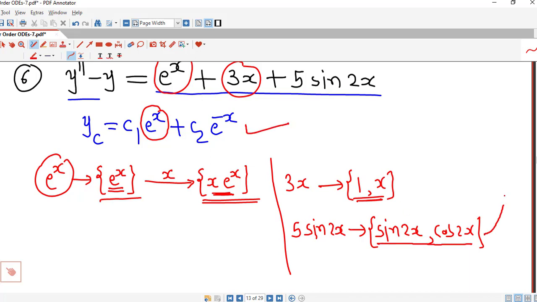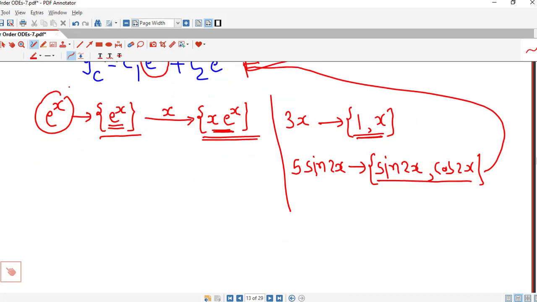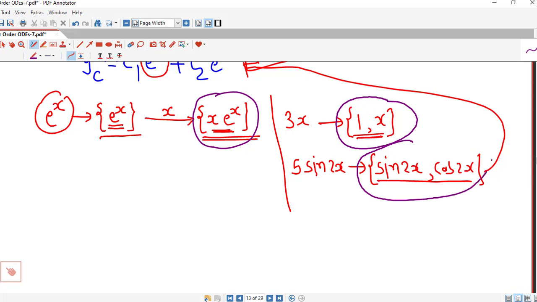Similarly, no member of this family matches with any member in the complementary function. So now we have to consider the union of these three families: x e raised to x, 1, x, and sin 2x, cos 2x. So that will be the required family for the choice of particular integral.